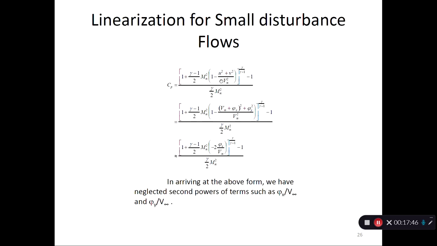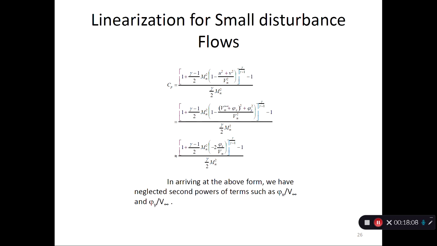So again, we replace u by v infinity plus vx, and v we replace by vy. We immediately see that vy squared by v infinity squared can be neglected. When you expand this, you get v infinity squared by v infinity squared that produces 1. 1 minus 1 goes away.